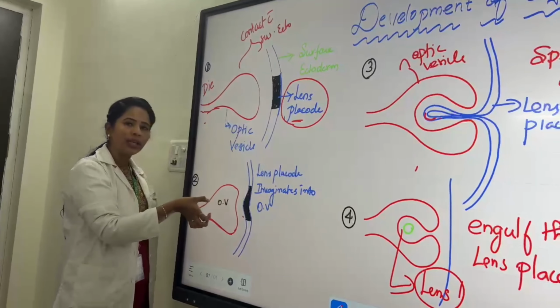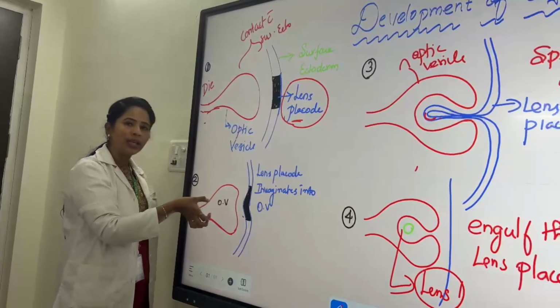The superior and lateral parts of the optic cup will grow faster when compared with the inferior part, because in the inferior area the optic cup has to engulf the lens. So the inferior region will grow more slowly, whereas the lateral and superior optic cup will grow faster.